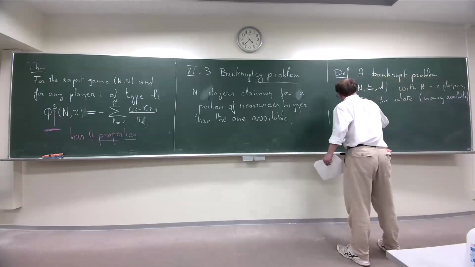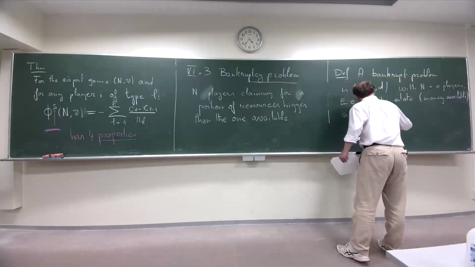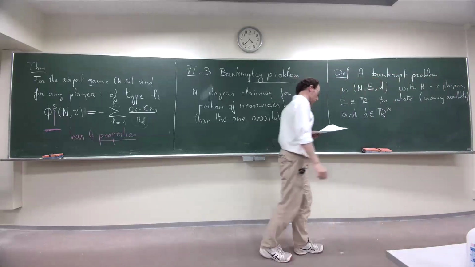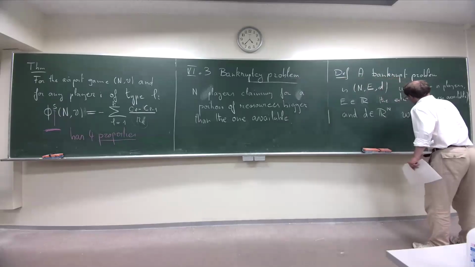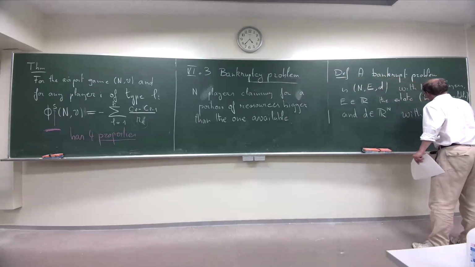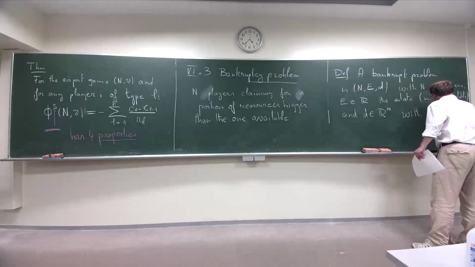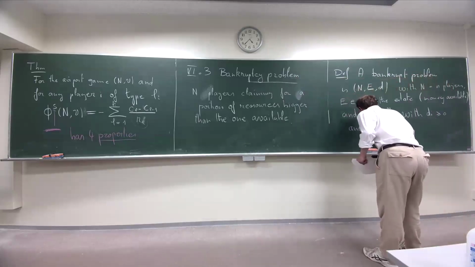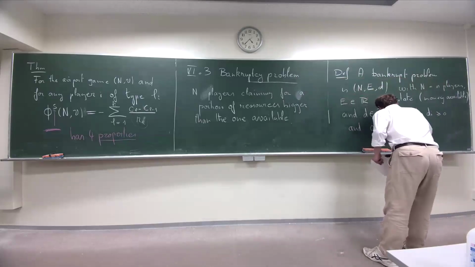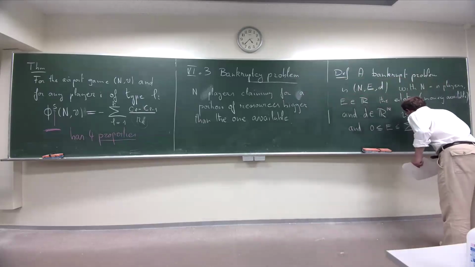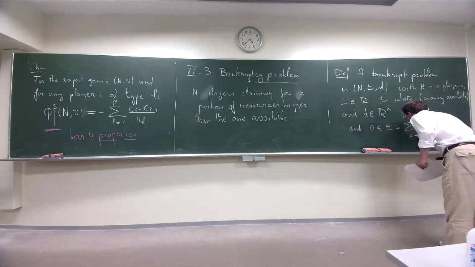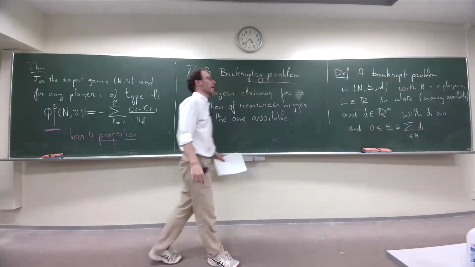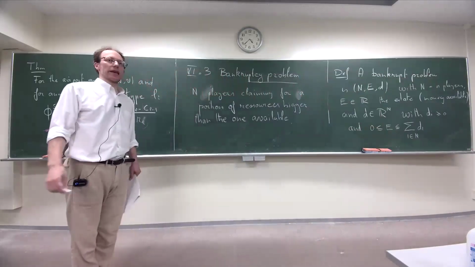And d now is a vector in R^n, with each d_i bigger or equal to 0. So d_i is what a player i is claiming.